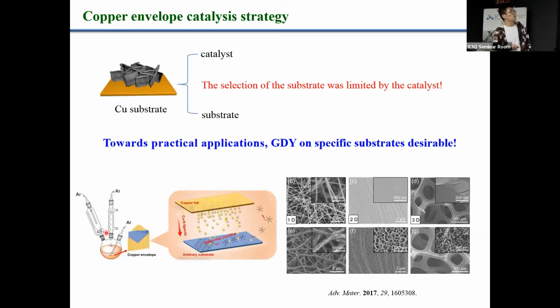Here we just use copper to cover our substrate, and we put it in our solution, and other conditions are the same as for the synthesis of graphdiyne. We can synthesize graphdiyne on arbitrary substrates, such as one-dimensional nanowires, two-dimensional planar plates, and three-dimensional foam.